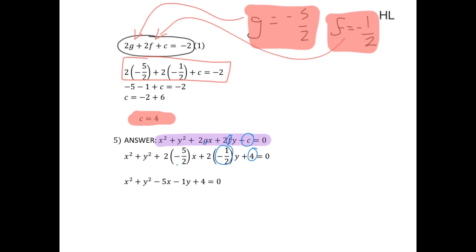And when we simplify that equation by multiplying everything out, a 2 cancels with the 2 on the bottom, so we end up with the equation x squared + y squared - 5x - 1y + 4 = 0. And that's the equation of the circle we're looking for.